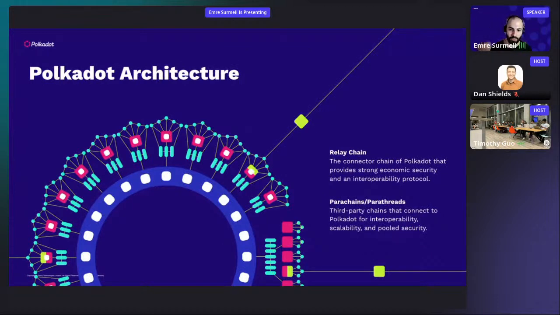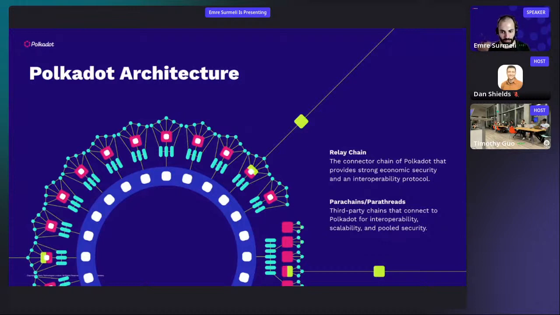We have this relay chain, which is the main chain, and then parachains that connect to that relay chain. So the relay chain creates that pooled security and interoperability, so it allows connected chains to communicate with one another and then share security. There are different ways to connect to the relay chain. There are parachains, there are parathreads, which are kind of like light parachains.